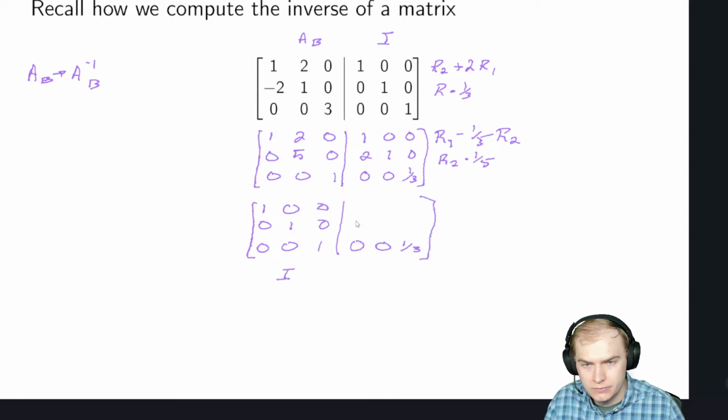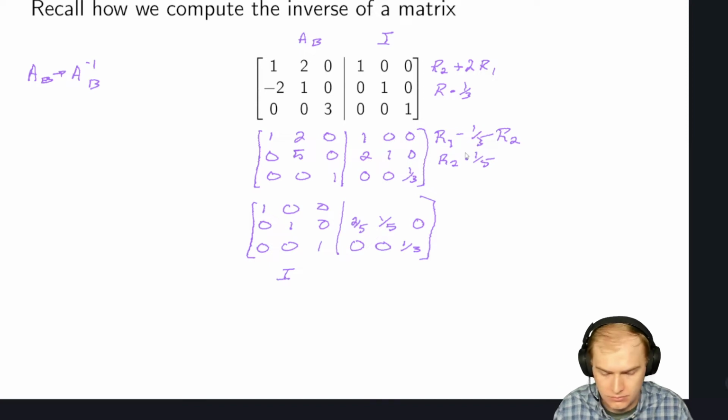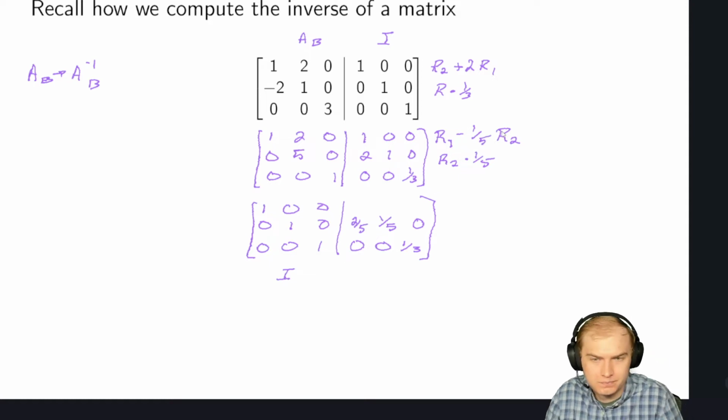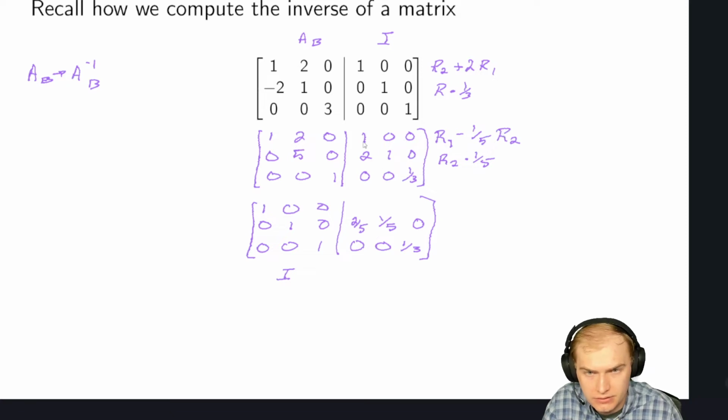We get a 2/5, 1/5, 0. And then 1 minus 2/5, minus not 1/5, but 2/5.